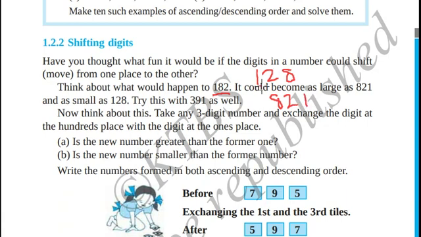For the smallest number, we arranged the digits in such a fashion: first the smallest digit comes, then the second smallest, then the third smallest, from left to right. To write the largest number, we wrote in descending order. First we wrote the largest digit, then the second largest, finally the third largest, from left to right. Exchanging the places will change the number when there is no repetition involved.